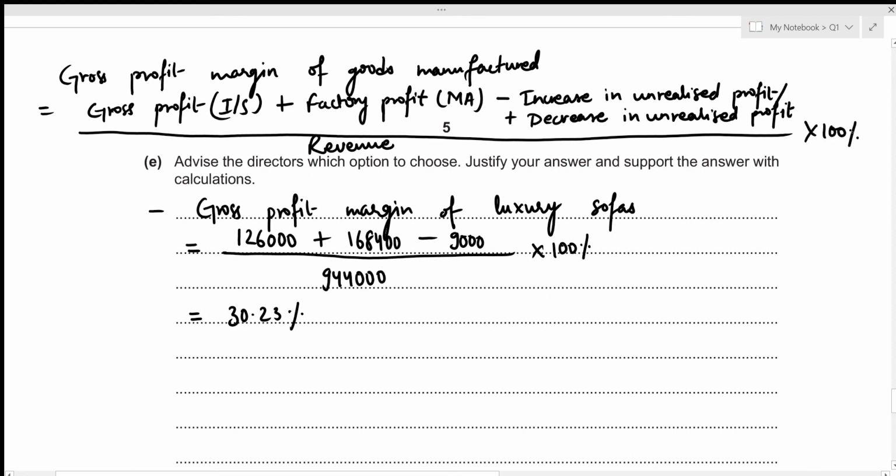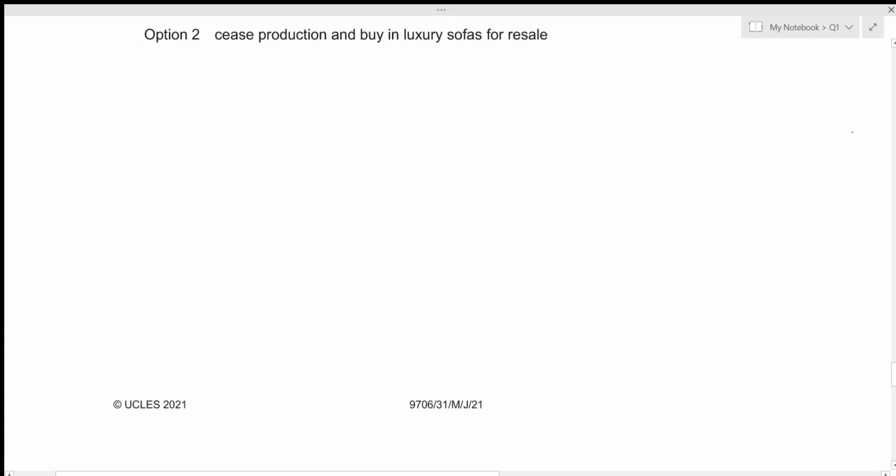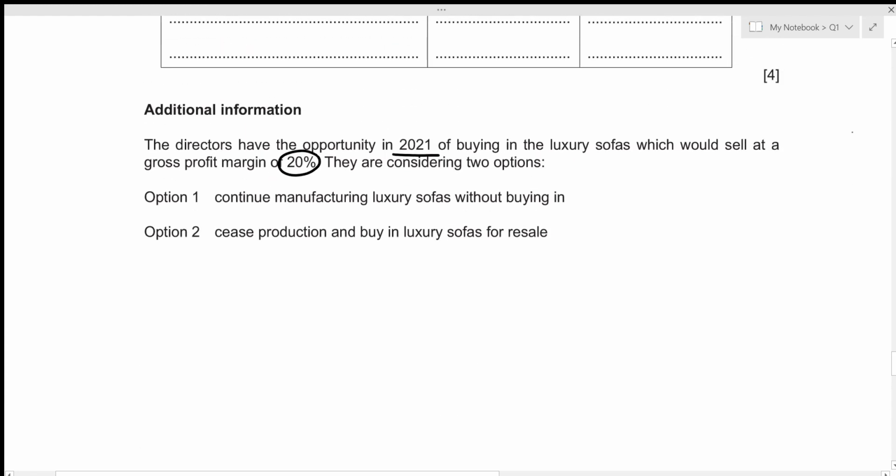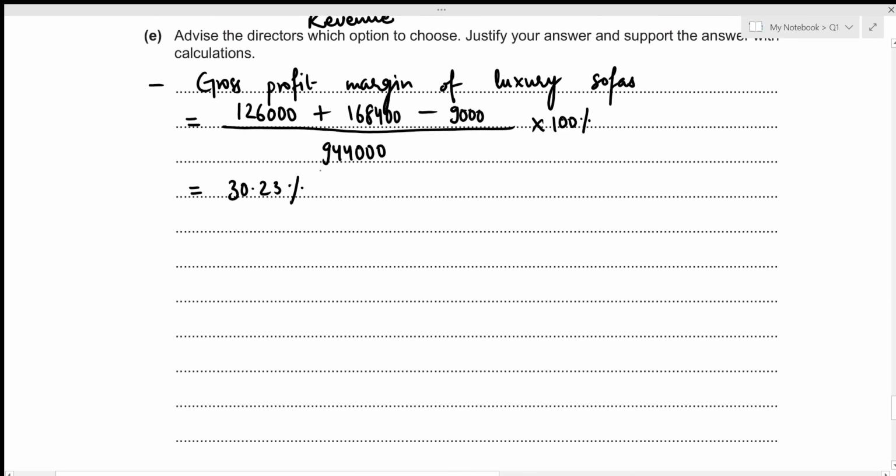If you find it difficult to understand it conceptually, it is better to at least understand the formula. Now we can see that the gross profit margin of luxury sofas, if we manufacture it in-house, is going to be 30.23%. But if we purchase or buy in the luxury sofas from a supplier, we will get a gross profit margin of 20%. So obviously we can see that manufacturing luxury sofas has a higher gross profit margin rather than trading luxury sofas that has a gross profit margin of only 20%. Let's write it down.